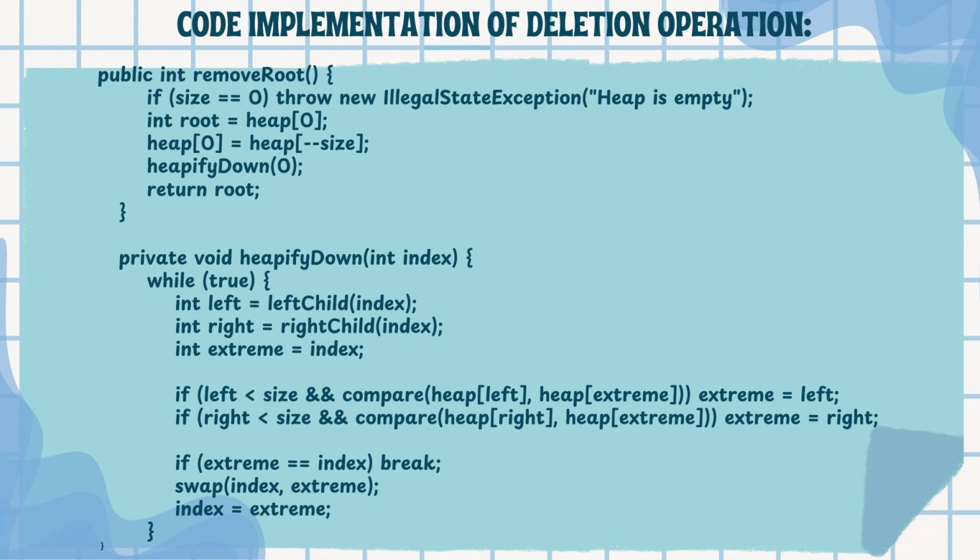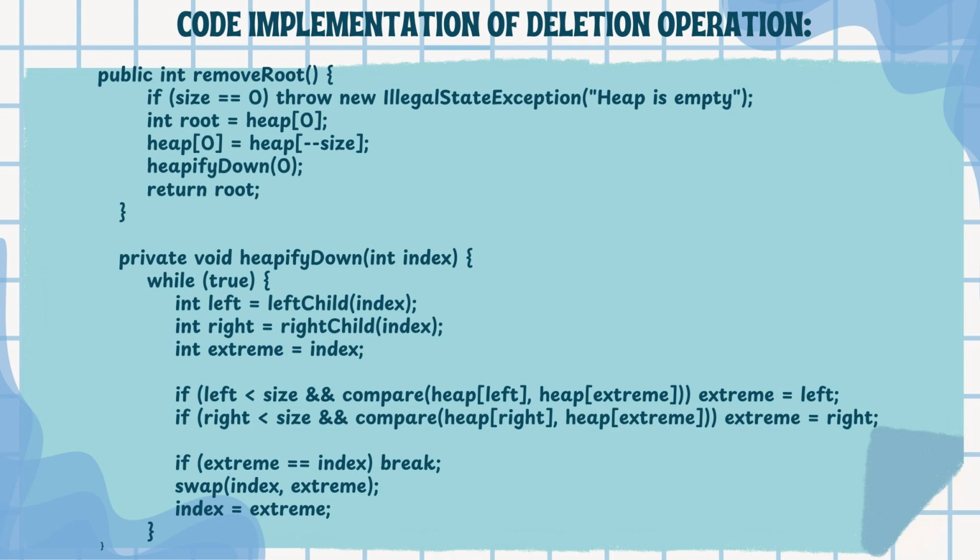Then there is an if part. With the if part, it compares the left and right children with heap[extreme]. It checks if the left child is smaller or larger, and then updates extreme to left. Similarly, it checks the right child and updates extreme to right, and there is a swap operation.